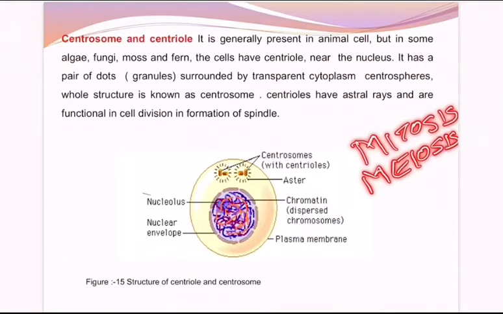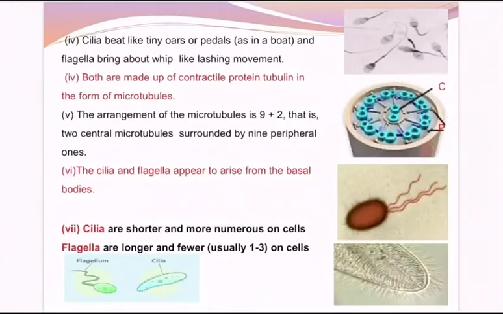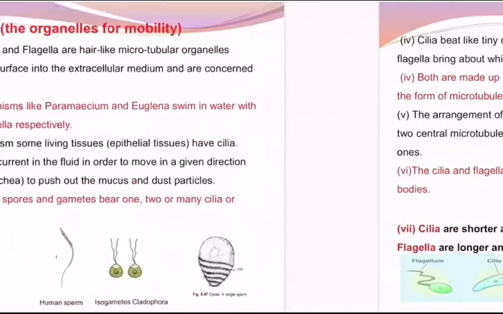If centrioles were not present, there would be no formation of haploid organisms. Everything would be diploid only, so we would have lost our identity. That is the reason why it is so important. And you must remember the 9 plus 0 organization of microtubules in the centriole.